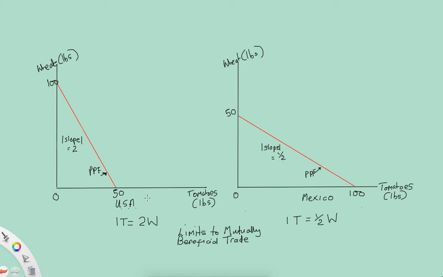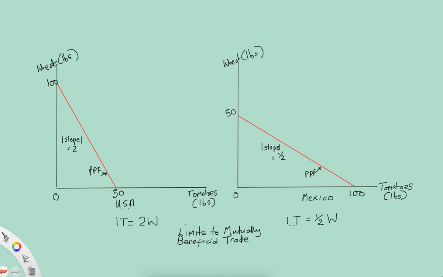And the Americans are going to go, forget about it, because we have 2 possible ways to get tomatoes. We can buy them from Mexico, or we could make them ourselves. And when we make them ourselves, we give up 2 pounds of wheat to get 1 pound of tomatoes. So we're never going to be interested in a price like 3 wheat for 1 tomatoes.